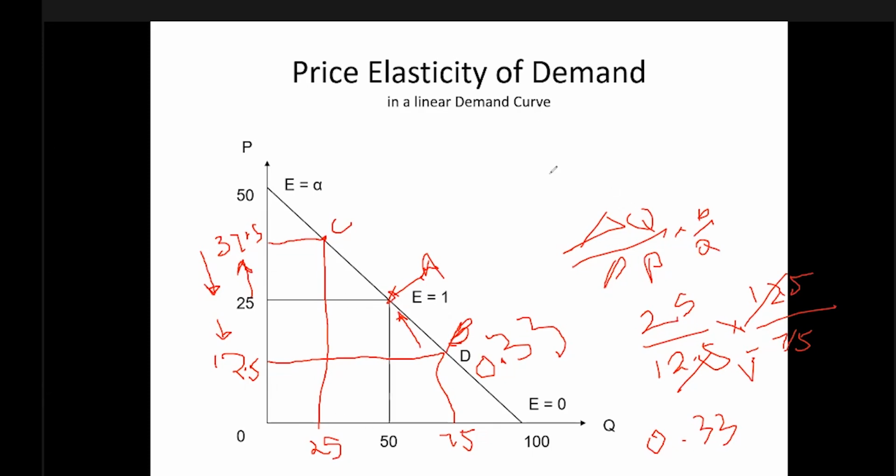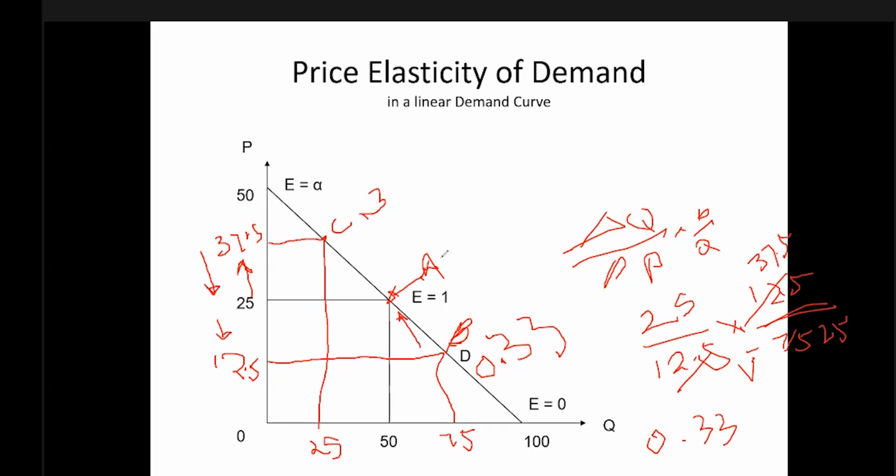That is 25 again divided by price change, that is 12.5, multiplied by initial price 37.5, divided by initial quantity 25. If you calculate, you will be getting something like this.